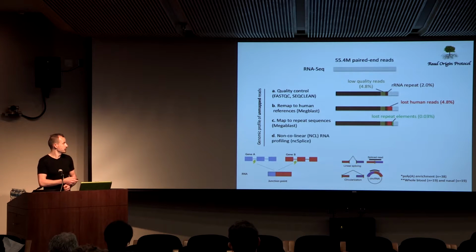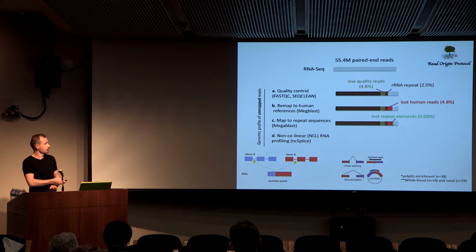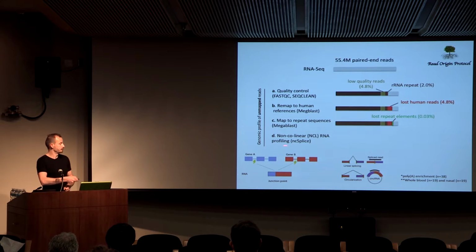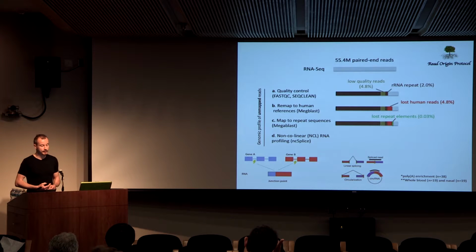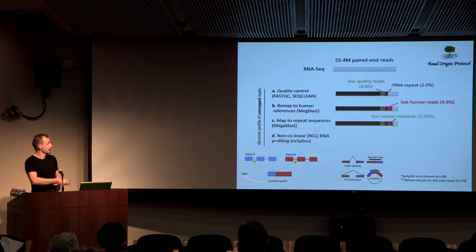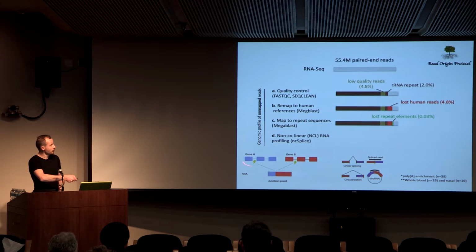We consider so-called non-collinear RNA, which are trans-splicing and fusions. Think of trans-splicing as splicing which occurs across genes: given two genes, we see splicing from exons which belong to different genes. We call this trans-splicing. As for fusions, those genes belong to different chromosomes.